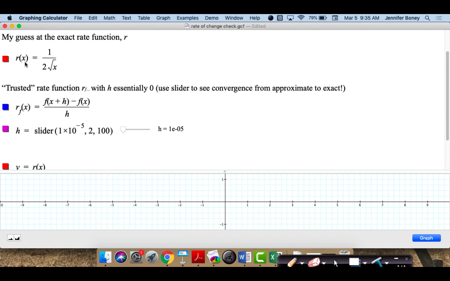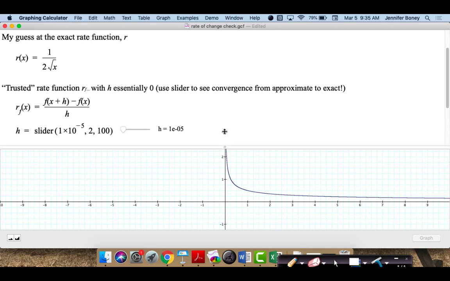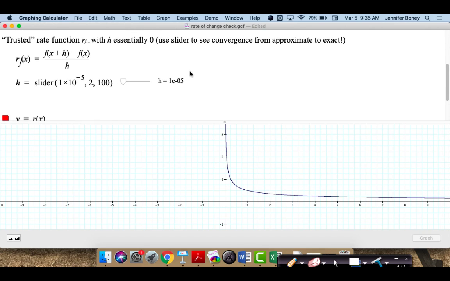So I was trying to come up with derivative rules, and I think using my shortcut that this is correct. Well, I know it's correct, but pretending that I'm checking my work here. Here's what it's supposed to come out to be. What I want to do is compare the graphs of these. And all this is I just made a slider that I can call H. But let me scroll up a little bit.